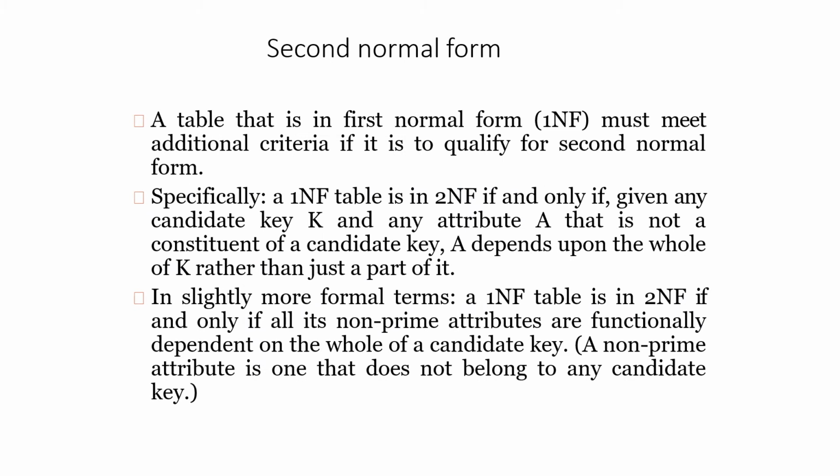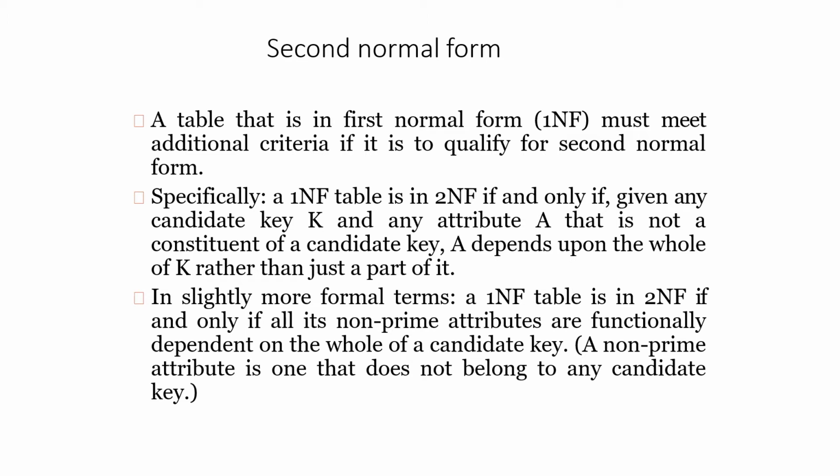So now we are moving towards second normal form. A table that is in first normal form must meet additional criteria if it is to qualify for second normal form. Specifically, a 1NF table is in 2NF if and only if, given any candidate key K and any attribute A that is not a constituent of a candidate key, A depends upon the whole of K rather than just a part of it.